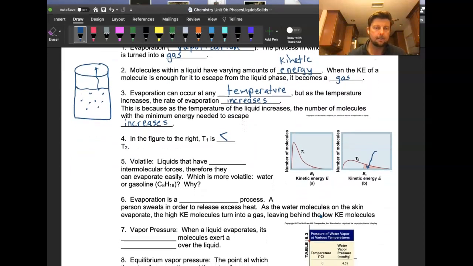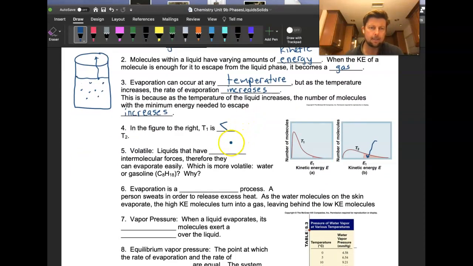We talked about volatility. Volatile means liquids that have weak intermolecular forces are going to go into the gas phase more readily because of those weak forces. So if we're comparing water with its hydrogen bonds and gasoline with only London dispersion forces, we would expect the gasoline, C8H18 or octane, is going to be the winner.